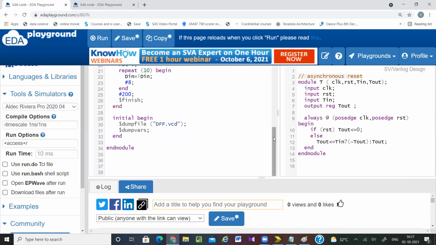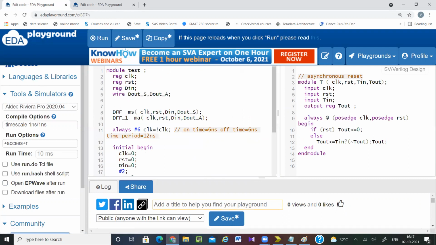So here I just have to change the t in value. So this is a t flip-flop. Even if this name is the same, it is not going to make any issue, but still I am changing the names.